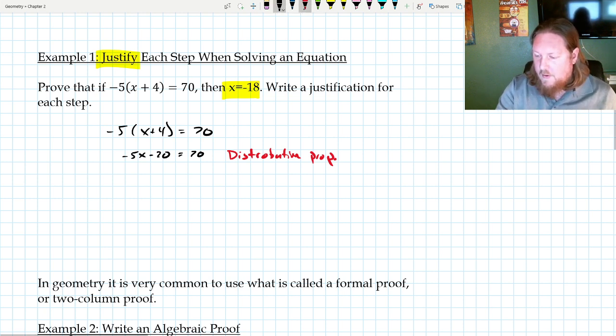Second step, I am going to add 20 to both sides. And I get negative 5x equals 90. What did I do? I used the addition prop of equality.